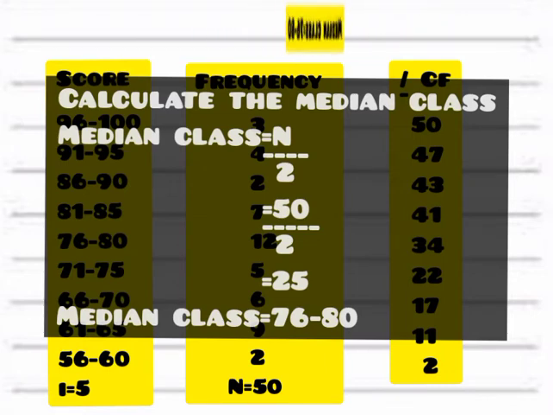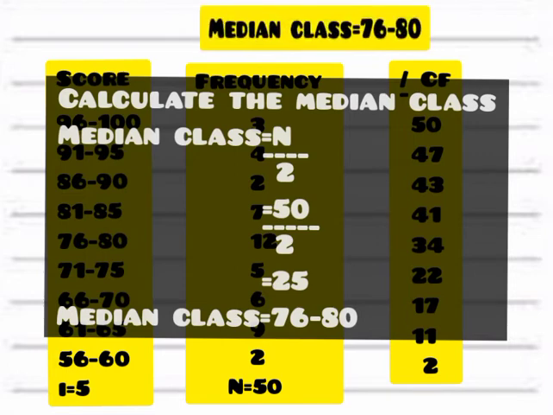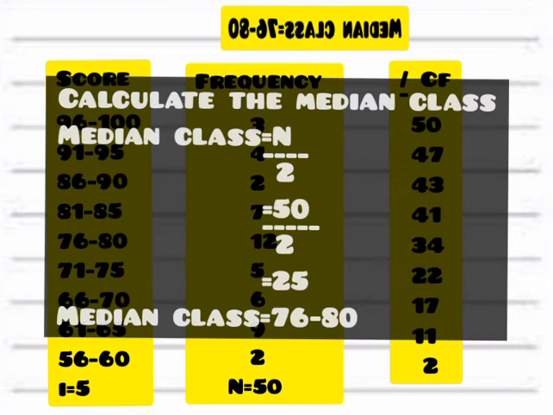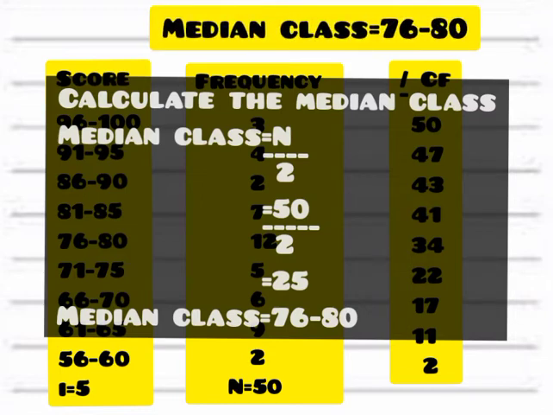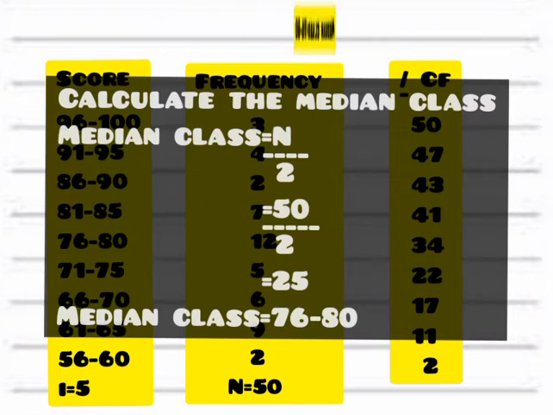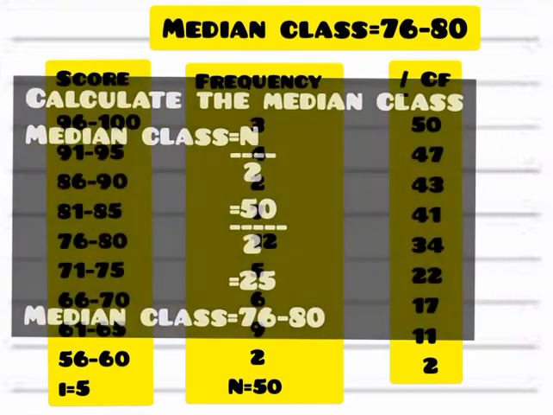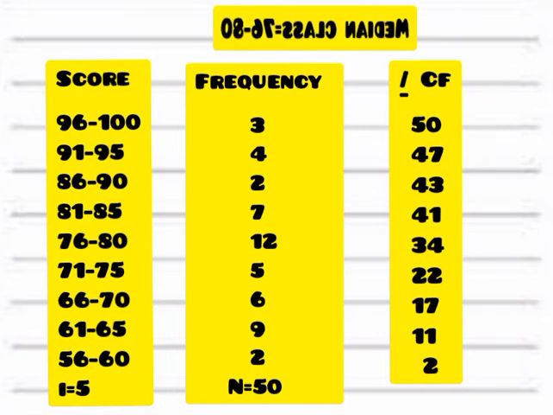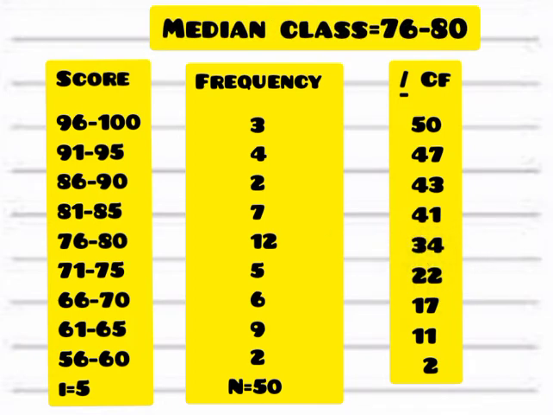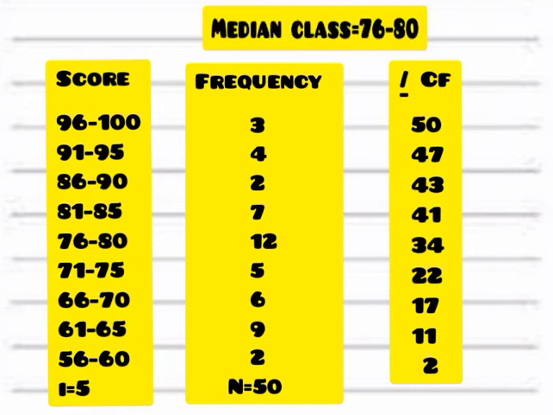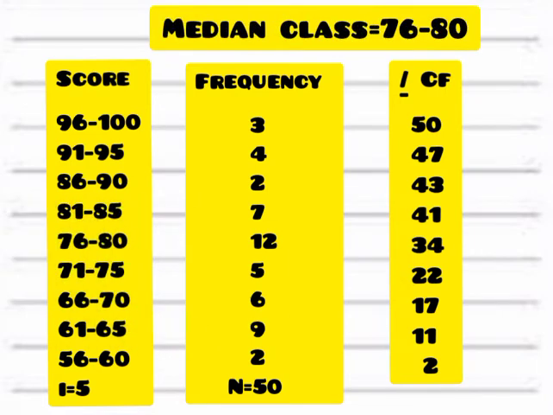In our less than cumulative frequency column, the value for 71 to 75 is 22, so it's not there, because 22 is less than 25. So let's move on to the next upper class, the 34. The 25th score is located there. This means our median class is 76 to 80.